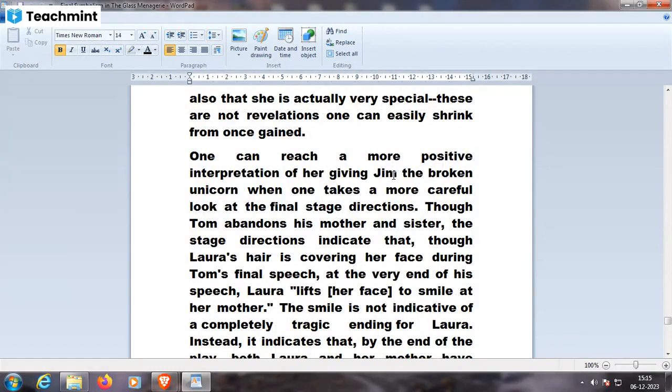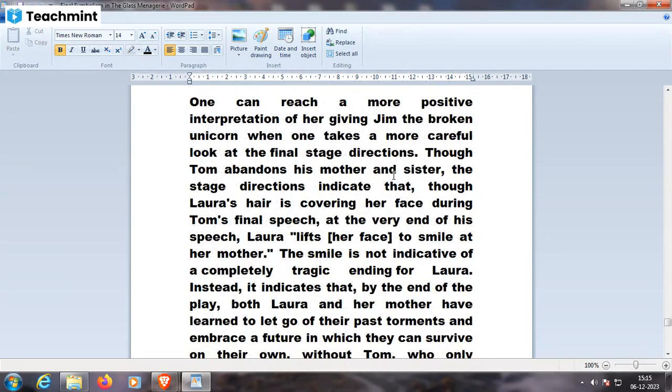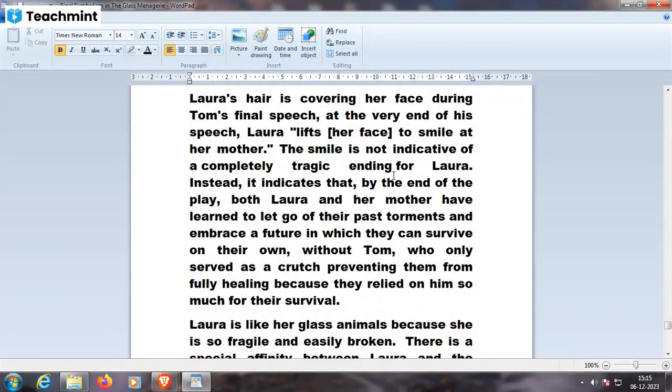The smile is not indicative of a completely tragic ending for Laura. Instead, it indicates that by the end of the play, both Laura and her mother have learned to let go of their past torments and embrace a future in which they can survive on their own, without Tom, who only served as a crutch, preventing them from fully healing because they relied on him so much for their survival.